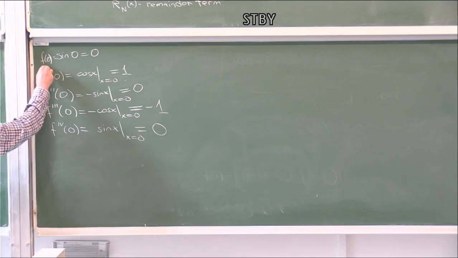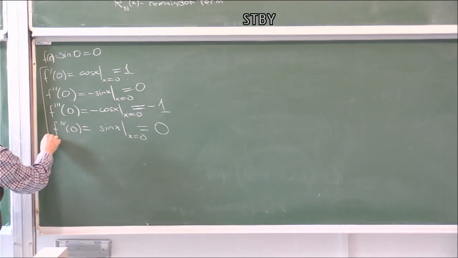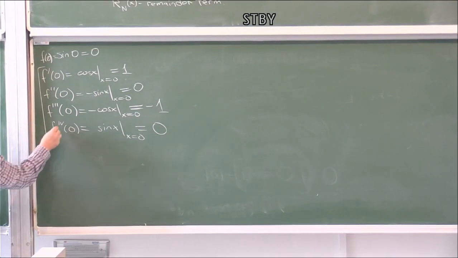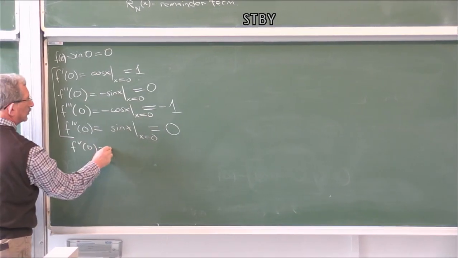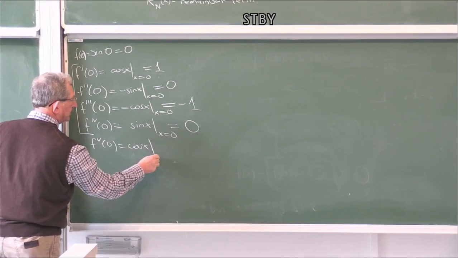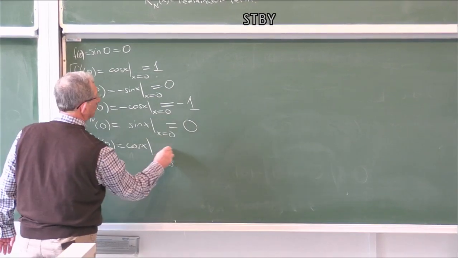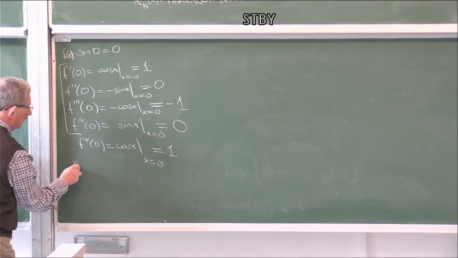Note that you can look at it either way. The derivatives repeat themselves because the fifth derivative at 0 would be again cosine x at 0, so it would be 1 and so on.